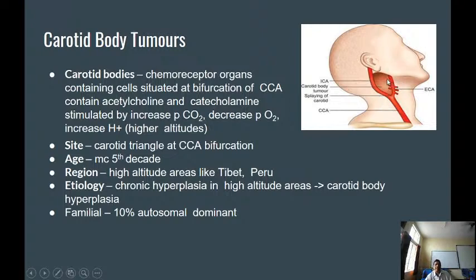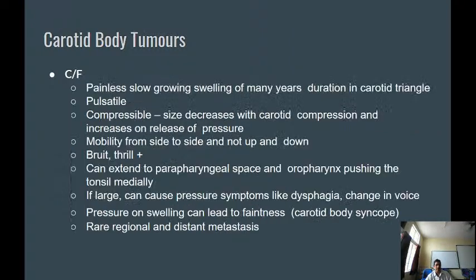Then these tumors, when they grow, present as swellings in the lateral part of the neck, usually in the 4th or 5th decade, and slowly grow in size.